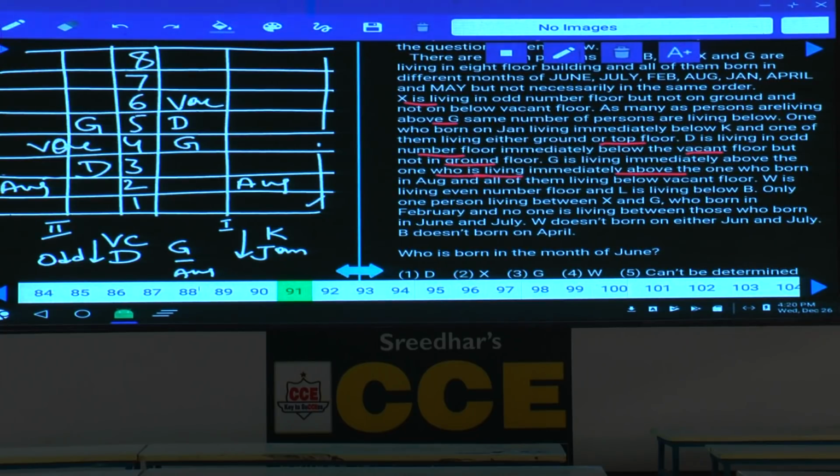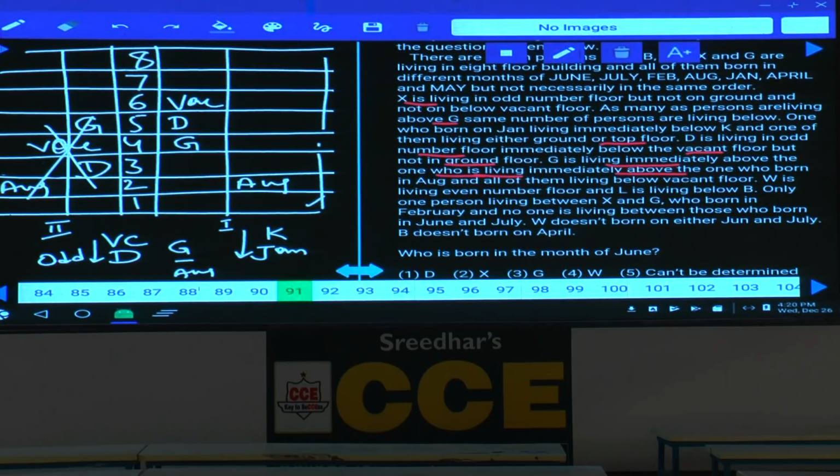D is living on an odd number floor immediately below the vacant floor but not on the ground. G is living immediately above the one who is living immediately above this one. Hence, this vacant floor cannot be at this place at all, because these three persons must be adjacent to each other, isn't it?